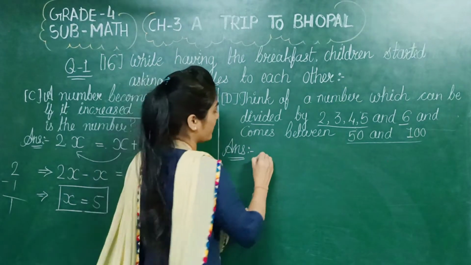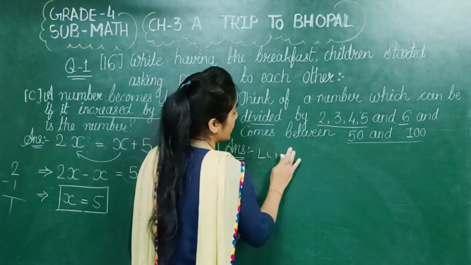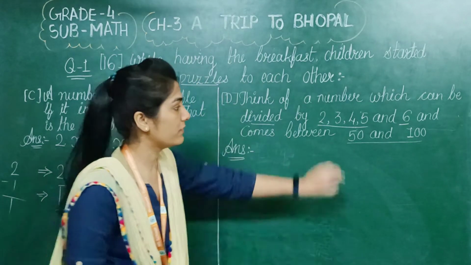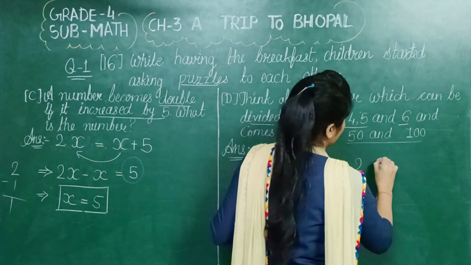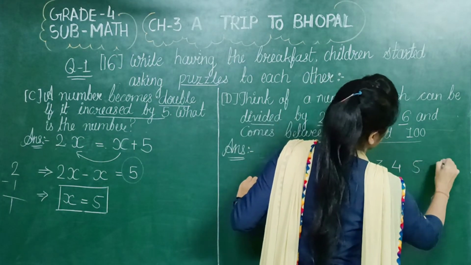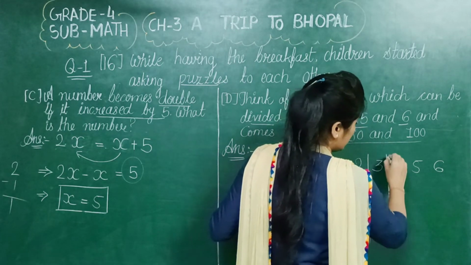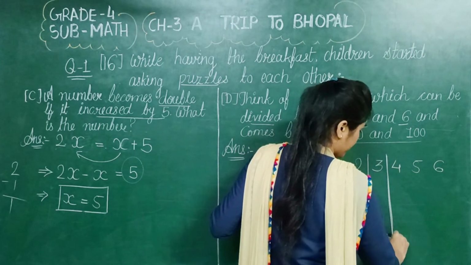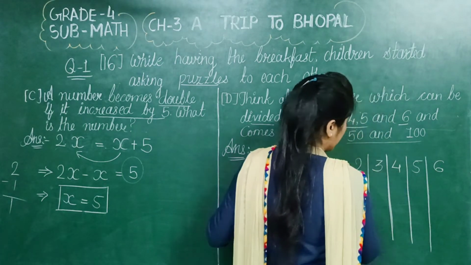What is the full form of LCM? Least common multiple. So we need to find the LCM of all these digits. You will get to know more about this LCM in grade 5. Only one sum is given in this grade 4. So this is a kind of division only, but we are doing it together.